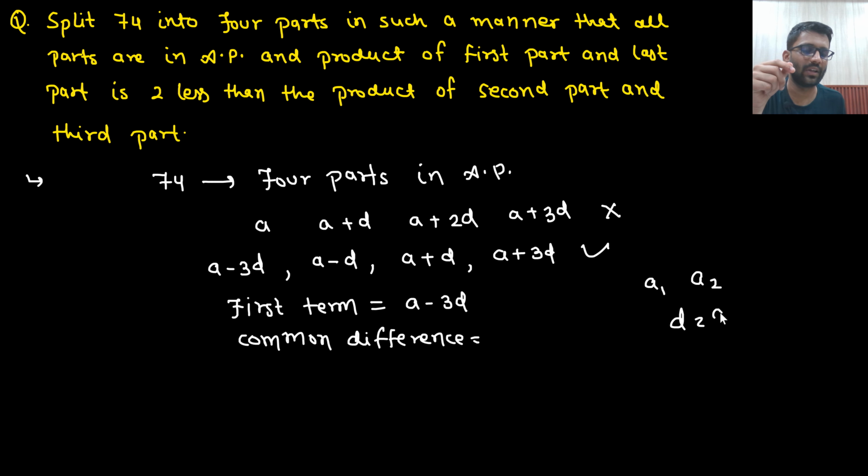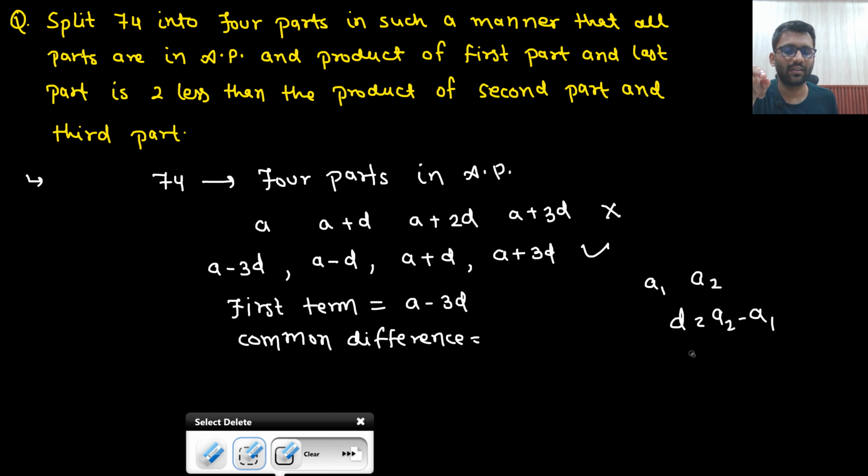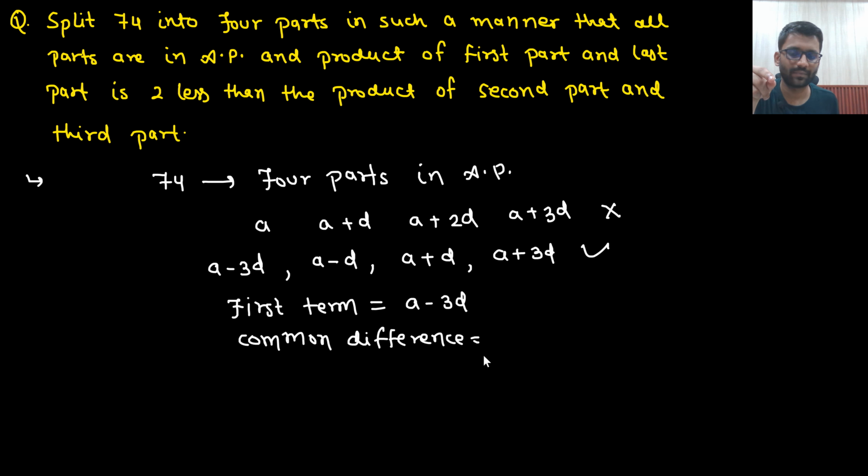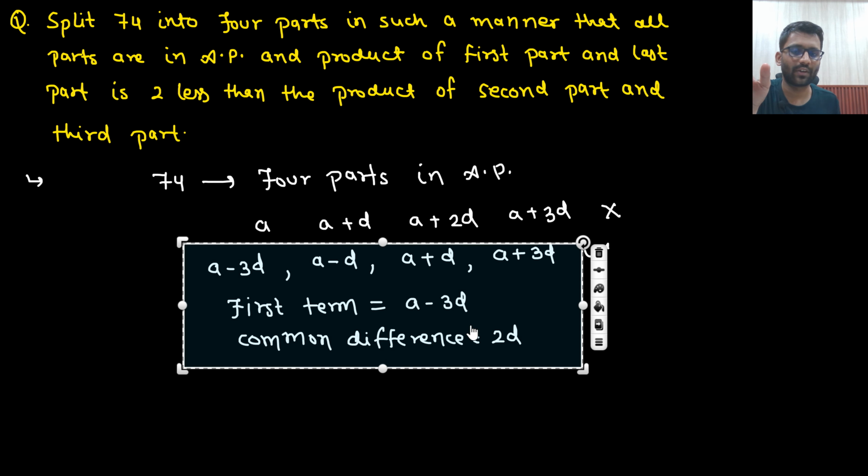So common difference would be a2 minus a1. So a minus d minus a minus 3d, so my common difference is 2d. Basically I am adding 2d, 2d. A minus 3d plus 2d is a minus d. A minus d plus 2d is a plus d. A plus d plus 2d is a plus 3d. So I am adding 2d, 2d, 2d. Well and good. Everything is crystal clear. So this is what I will assume. This is the most important part of this problem.